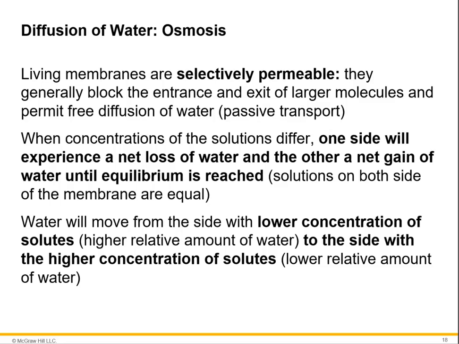Now, when concentrations of the solutions differ on either side of that selectively permeable membrane, one side is going to experience a loss of water, and the other side is going to gain that water until solutions on both sides of the membrane are equal. So water is going to move from the side with the lower concentration of solutes, or the higher concentration of water, to the side with the lower concentration of water. And I'll show you what I mean.